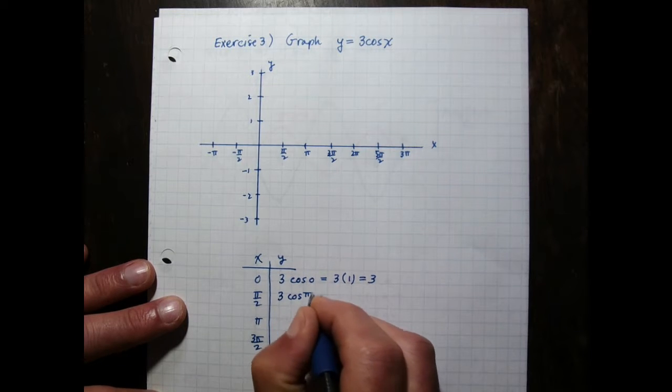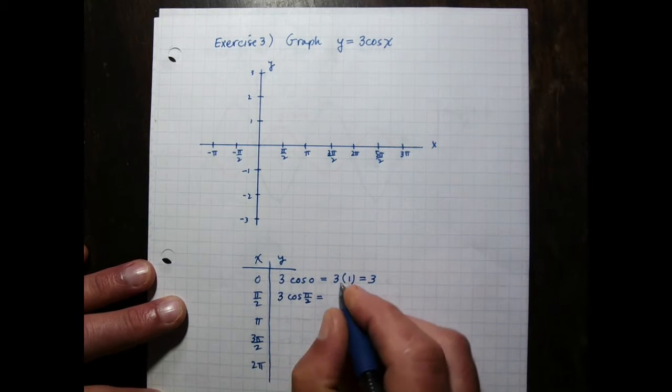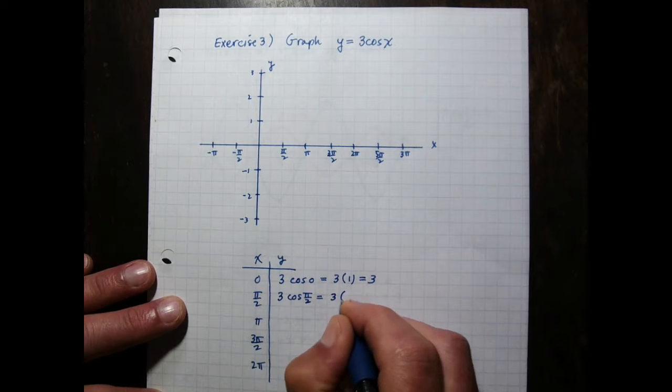3 cosine pi over 2 is 3 times cosine of pi over 2, which is 0.